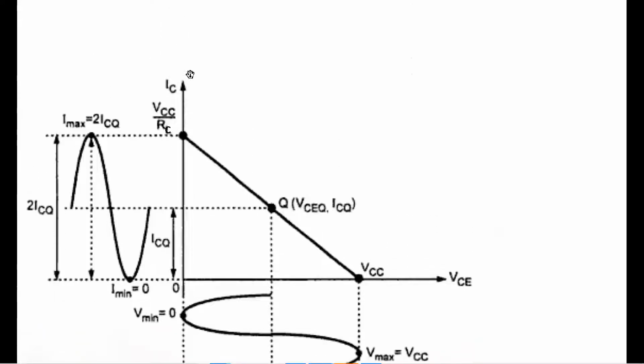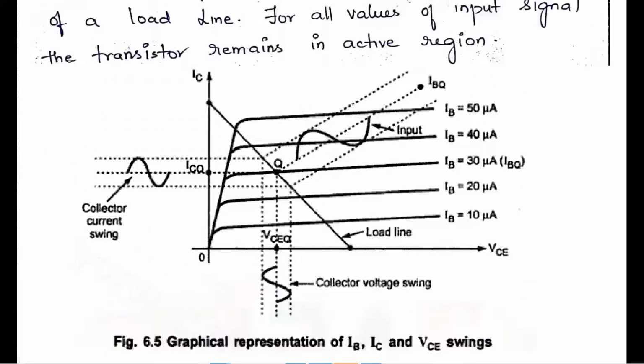Now, we know these are the transistor characteristics, the output characteristics of the transistor. For a small change in IB in microampere, there is a large change in IC, usually milliampere. That is what is responsible for the amplification in a transistor.